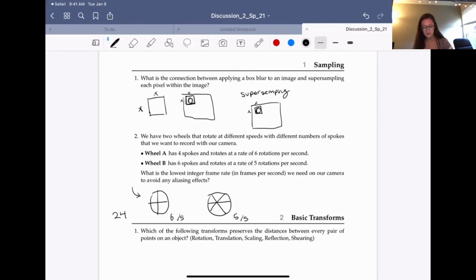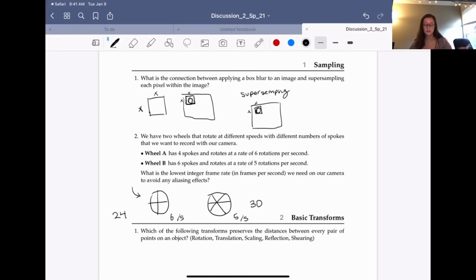And then we can do the same math for wheel B. As you can see, there's 6 spokes, which means it will look exactly the same 6 times within one rotation. And if it rotates 5 times per second, that means that its frequency will be 30.